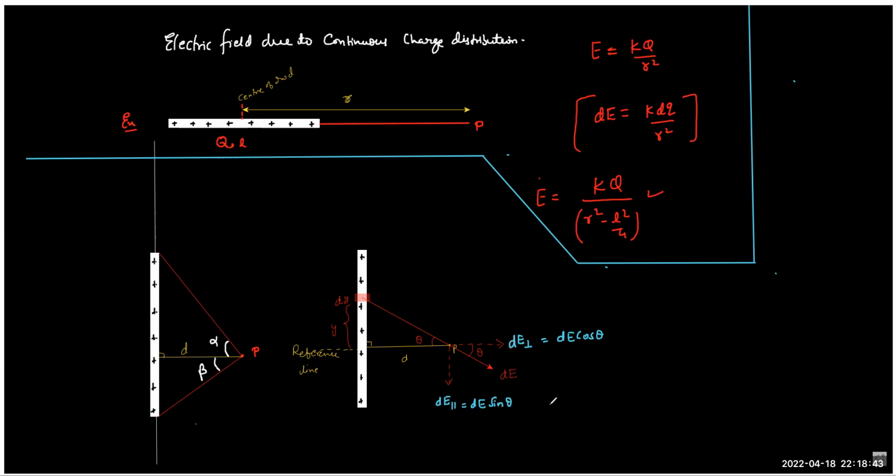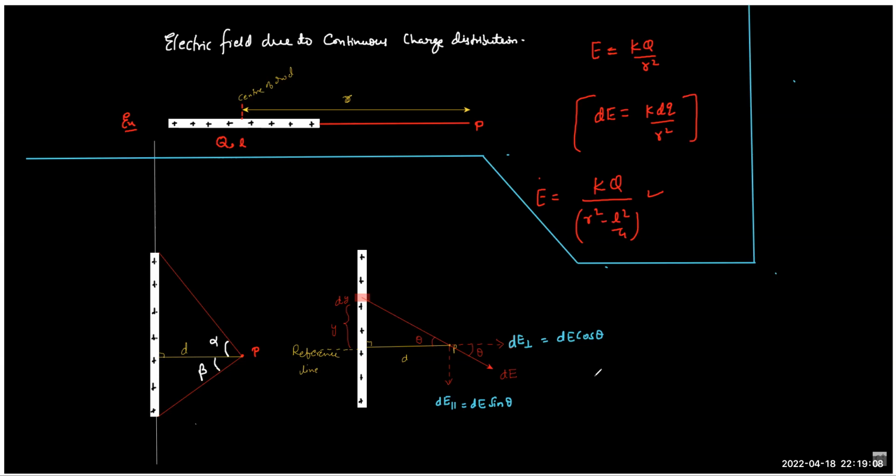sin theta. And what we can realize is that no matter which element you choose, everyone will have only two components, one parallel and one perpendicular. So now we can integrate each component separately because they will have the direction along the fixed line.